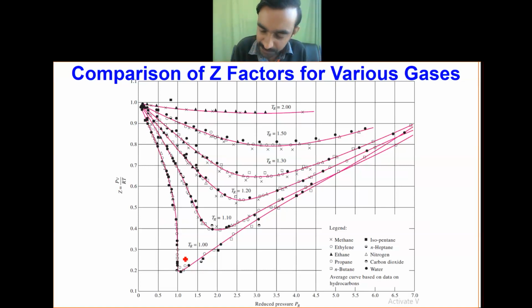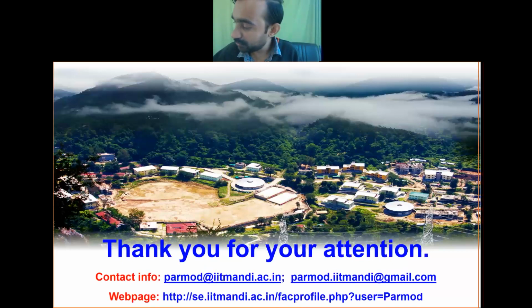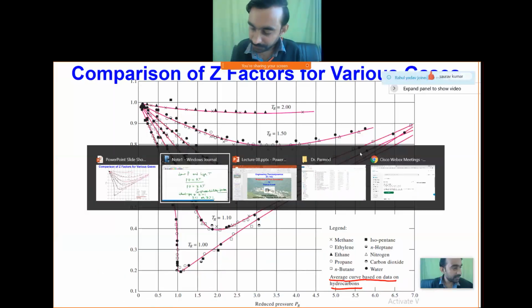The lines represented are from the generalized diagram in PR and TR, and the points for different gases are the experimental observations. The lines are the average curve based on the data of hydrocarbons, and the points are experimental points for different gases. So when we present the data in reduced temperature and reduced pressure form, it shows good generic behavior.